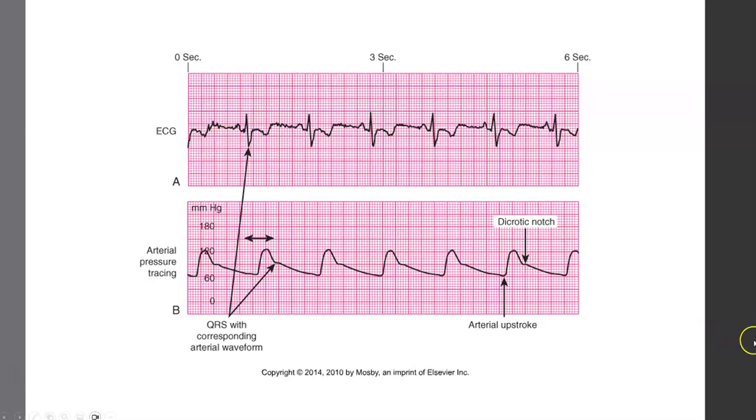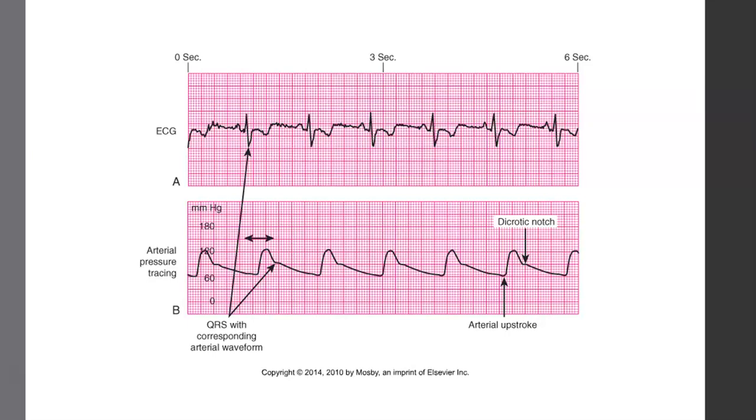So consider that the QRS reflects the ventricular depolarization or the contraction, which is then followed by an increase in the arterial pressure. As the aortic valve opens, blood is ejected from the left ventricle and is recorded as an increase of pressure in the arterial system, which in turn, the highest point is systole.